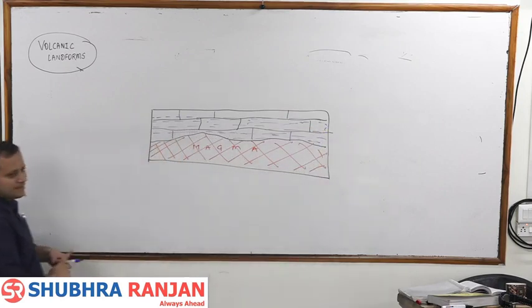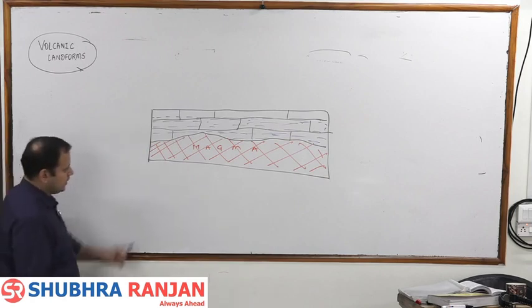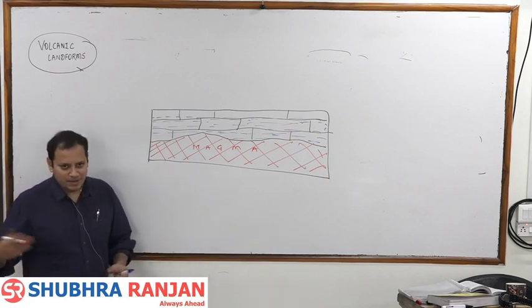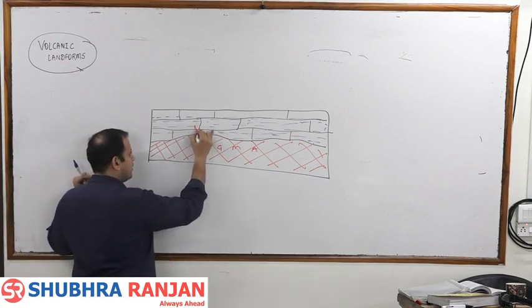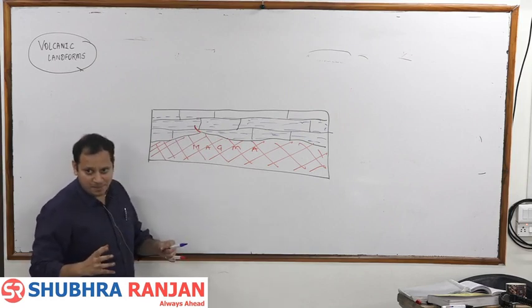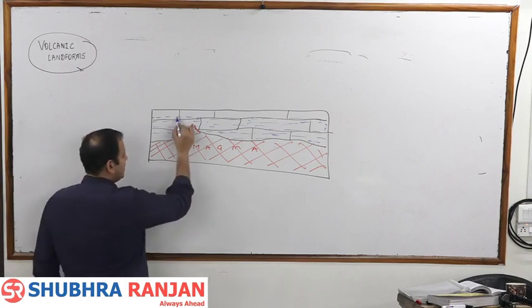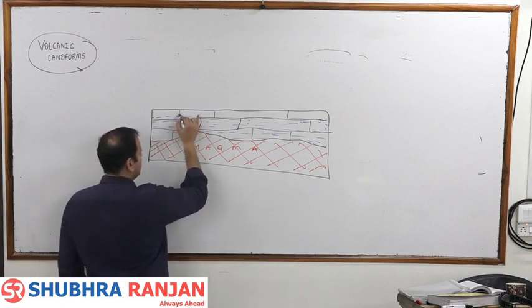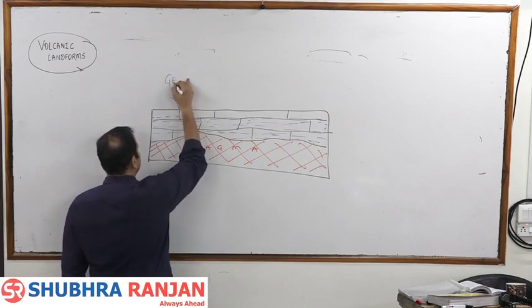What is blue color? Water, groundwater, inside the rocks. What is below? Magma or lava. Now this magma may come up or the water may come in contact with this magma or lava. So will the water get heated? After heating, will the water expand? And when the water expands, if the pressure is very high, this water will come out with great force. That we will call geysers.